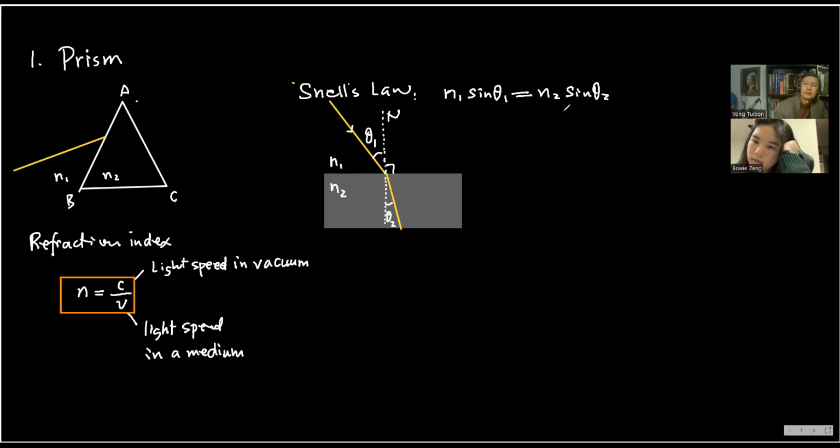Can you see? Okay. So that is how we derive everything from this basic law. You can rearrange that. For example, N1 over N2 will equal sine theta 2 over sine theta 1. So you can write a different form, right?